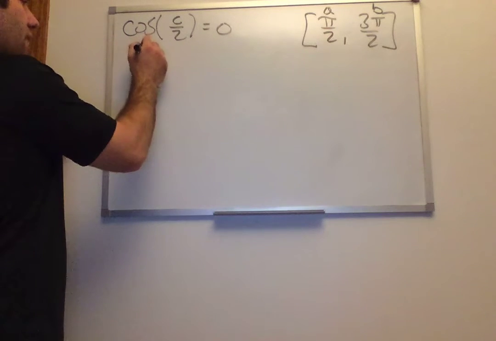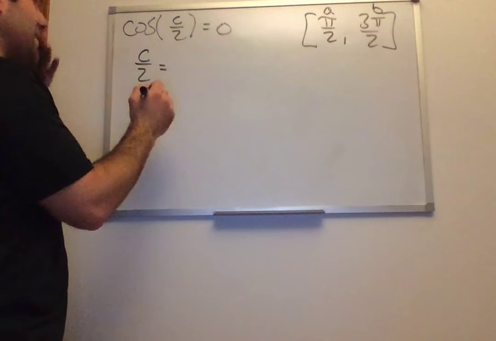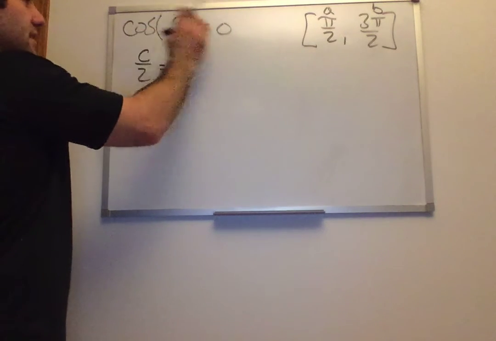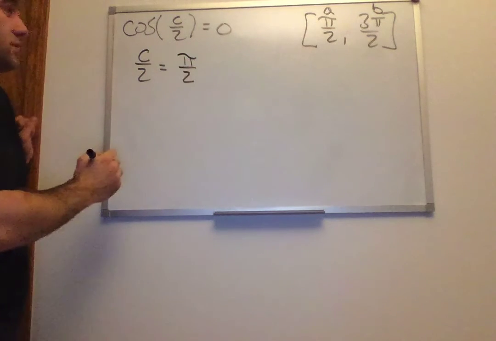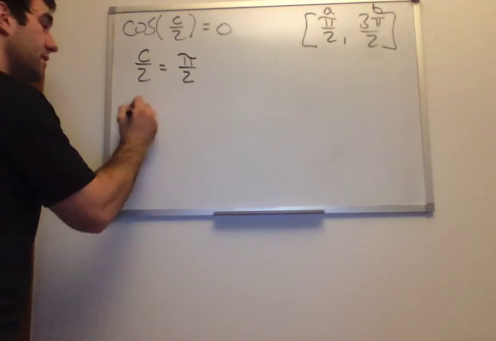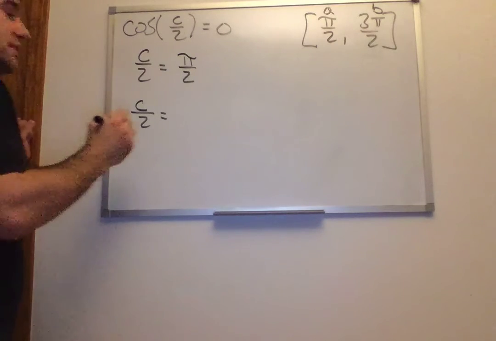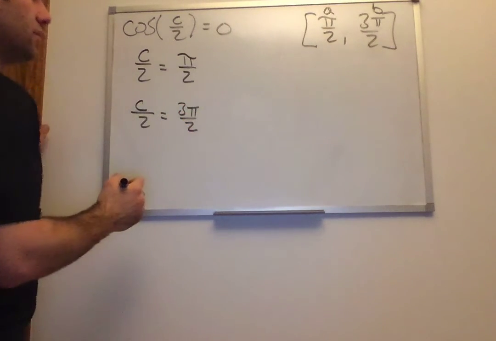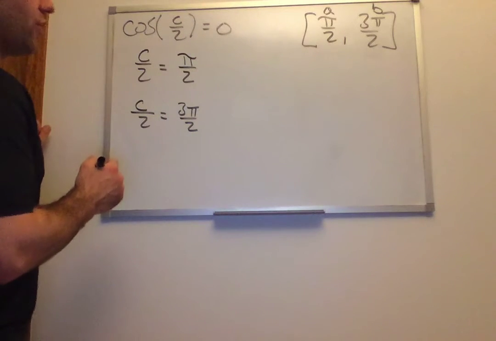So we have c over 2 is equal to, well, one place that cosine is equal to 0 is pi over 2. Let's see, another place cosine is equal to 0 is 3 pi over 2. So it just so happens to be the endpoints of our interval.